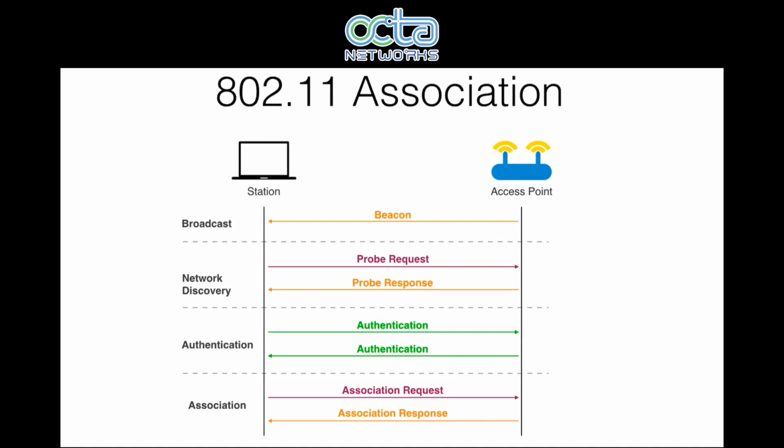The client sends an authentication request. If it's a valid one, the AP, or the controller I should say, will authenticate, and then they get associated. So just three stages: probe request and response, authentication request and response, association request and response. Correct? And then it goes to the connected stage.